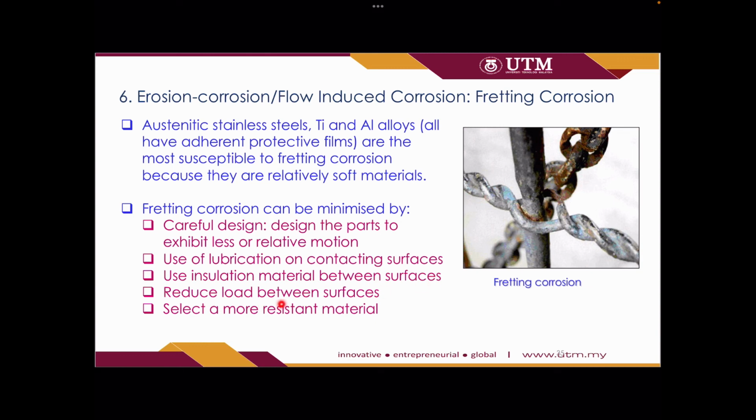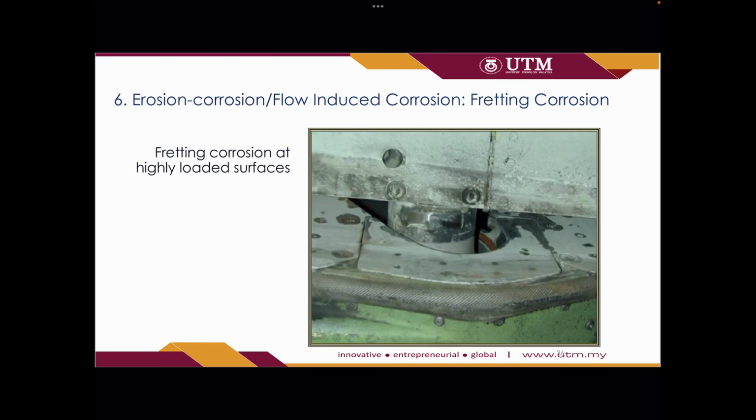Reduce the load between the surfaces, and this may reduce the effect. And select more resistant materials. So basically this is related to high wear resistant material because the effect only happens at the surface. So wear resistant basically means hard materials that avoid any wear effects due to the erosion corrosion.